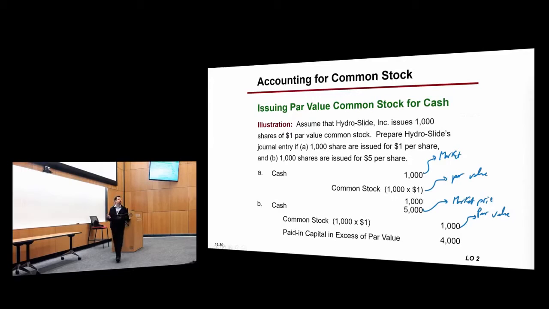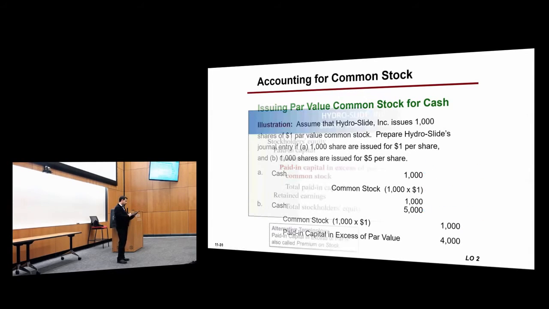Because if the share is $1 and the stock is being sold for $40, what does that mean? That the investors are willing to pay $39 in excess as a premium to be owners of those stocks, right? Any questions about this?